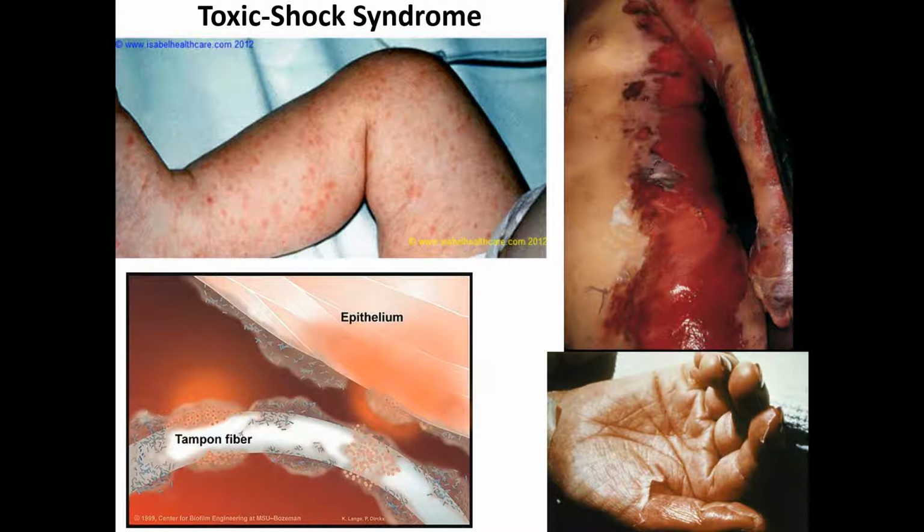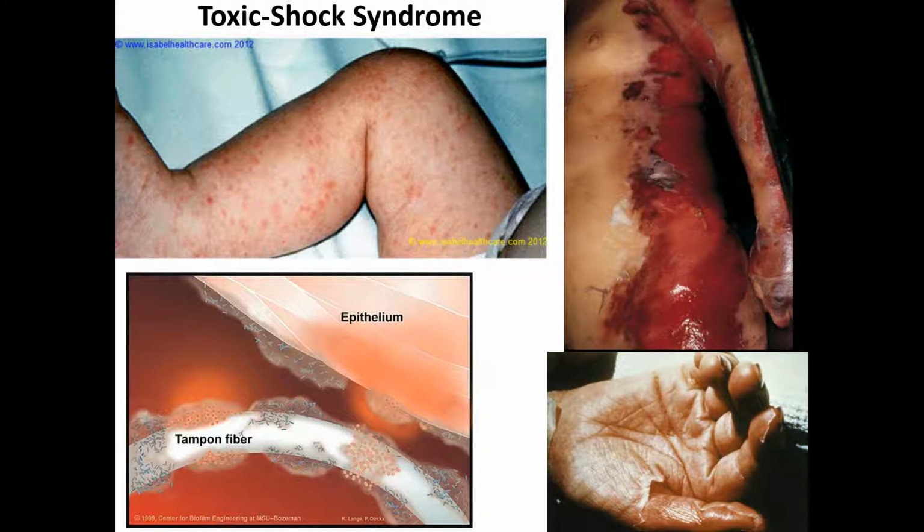Based on the absorbency of these tampons, you had a microenvironment that was conducive to the overpopulation of these Staphylococcus aureus cells and the overproduction of these toxic shock proteins, toxins, that stimulated toxic shock syndrome.